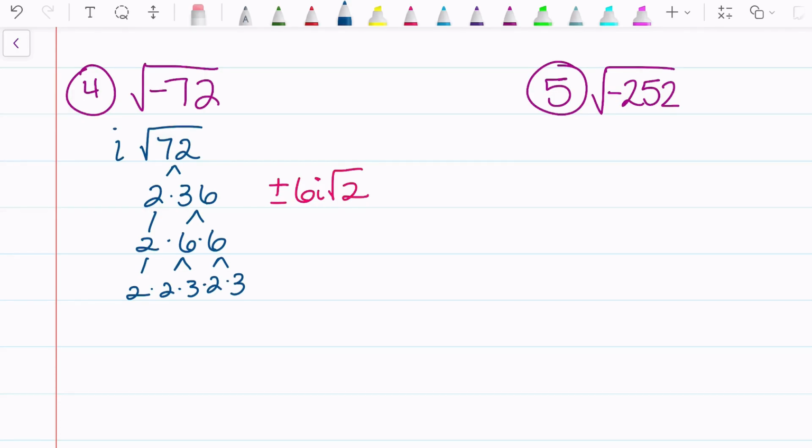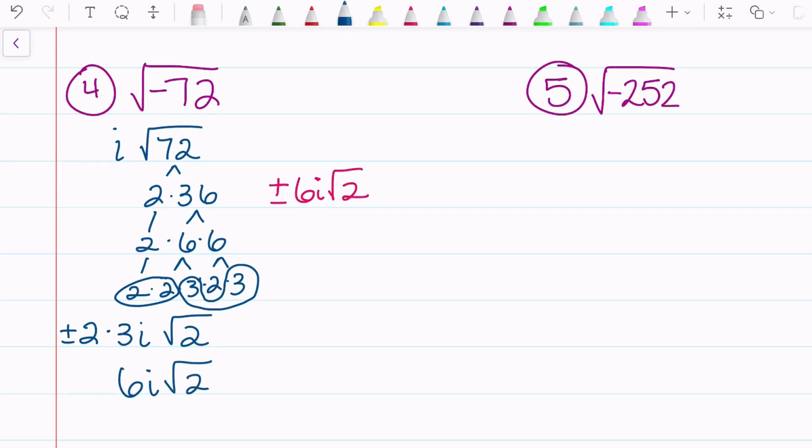I'm going to circle any pairs of numbers that I have. Here's a pair of 2's, here's a pair of 3's. So one 2 comes out on the outside, one 3 comes out on the outside. The i is already there, and there is a 2 left on the inside. I do need my positive or negative. 2 times 3 is 6i square root 2, and that is exactly what I had up at this level. If I had noticed those 6's, I could have gone ahead and done it then.